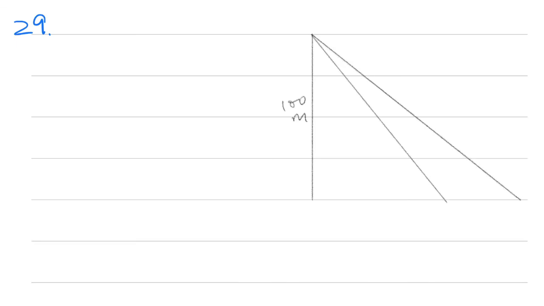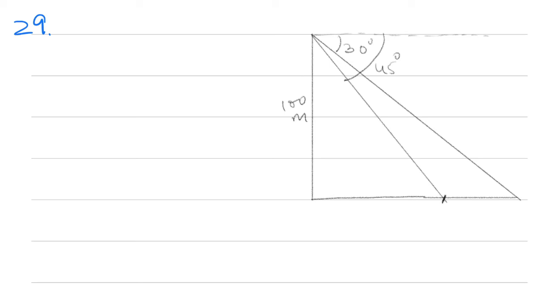In this question, we have a tower which is 100-meter high and two ships are observed at 30 degree and 45 degree angles of depression. So this is 30 degree and this is 45 degree, exactly behind each other.